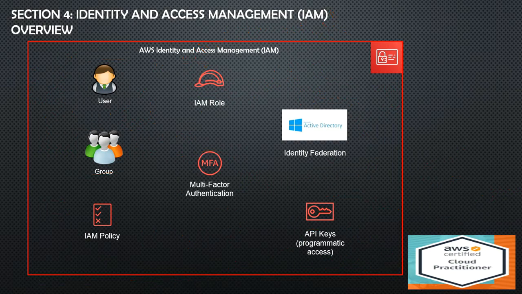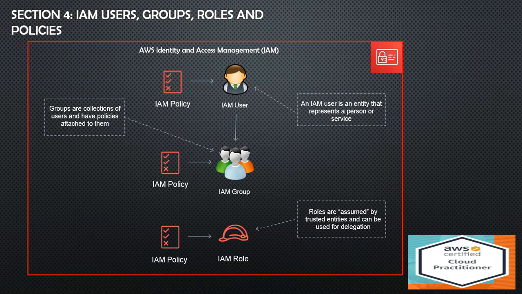Hope this is clear. The next slide describes the same thing a bit more. As I said, the IAM policy is a set of permissions. This can be attached directly to a user or to a group, or you can assign it to a role as well.